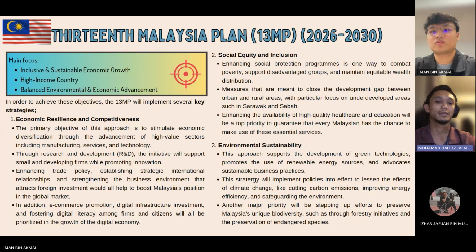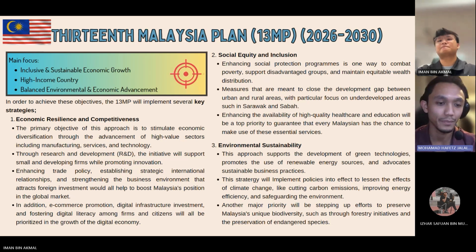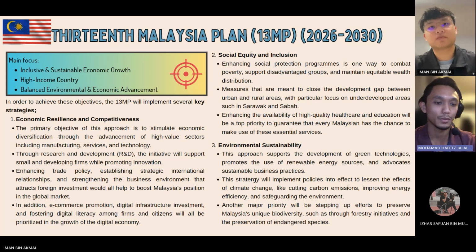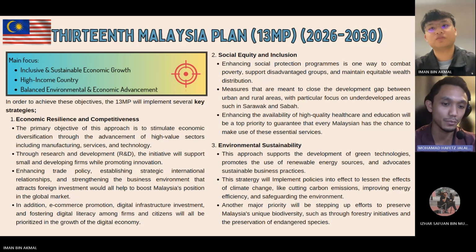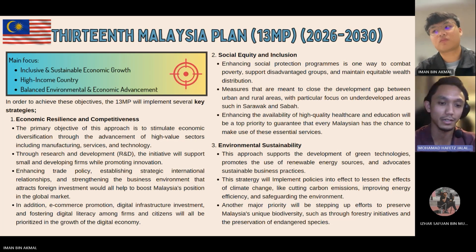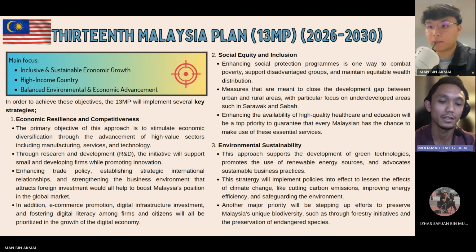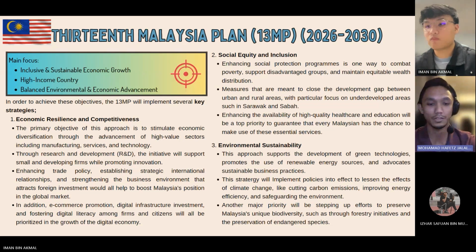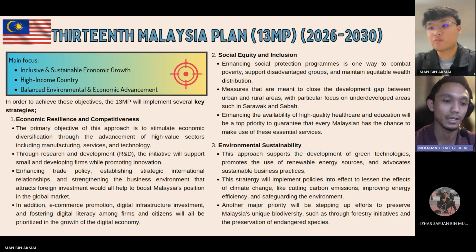Included in this strategy is research and development, an initiative that will support small and developing firms while also promoting innovation. Also in this strategy is to enhance trade policy, which will establish strategic international relationships and strengthen the business environment that attracts foreign investment, which would also help to boost Malaysia's position in the global market.